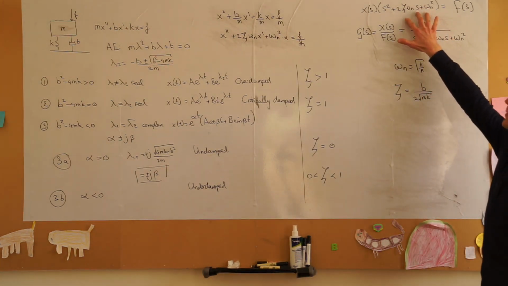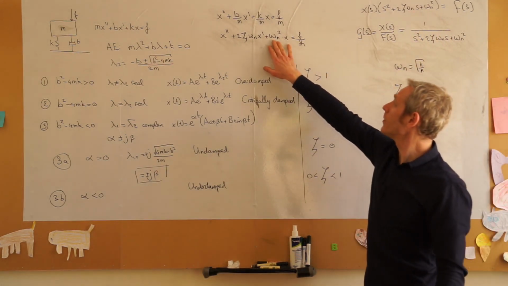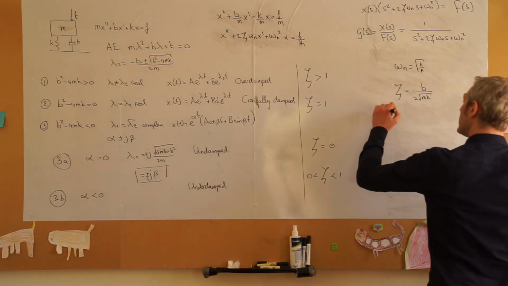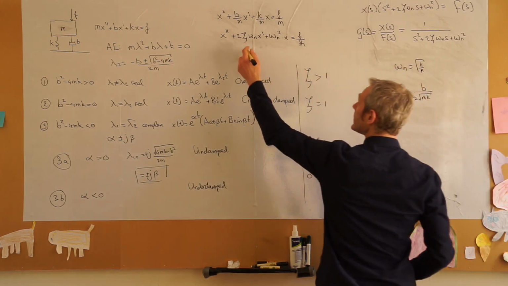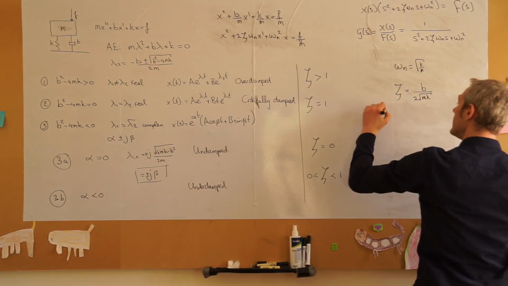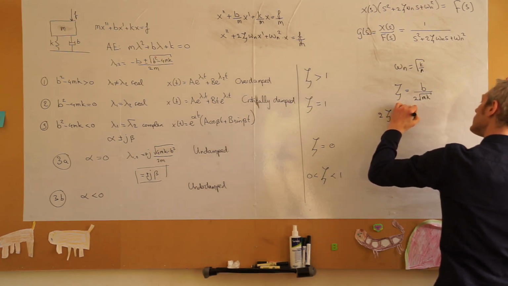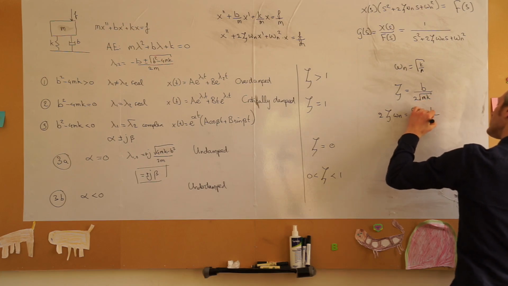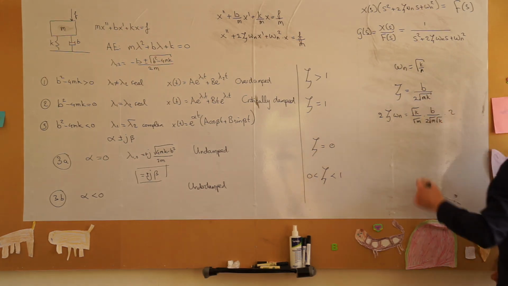And just to show you, that omega n squared is k over m is evident from here. If I take 2 zeta times omega n, then I get the square root of k over the square root of m, times b, times 2 times the square root of m times the square root of k times 2.